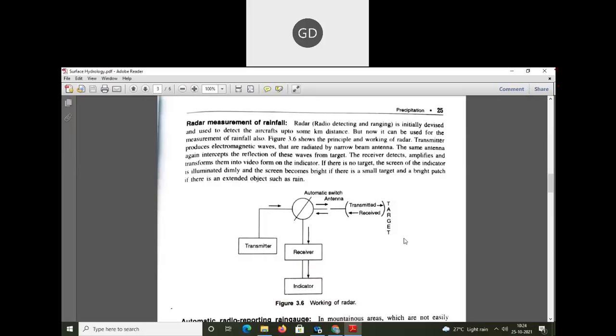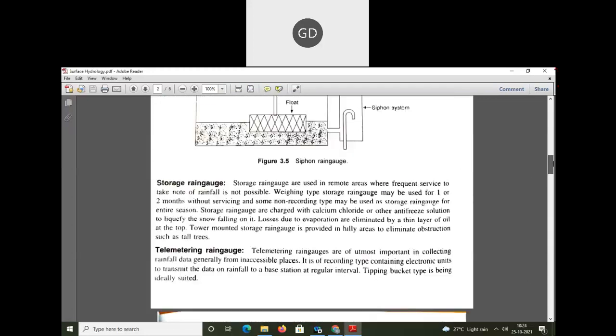Let me share my screen. Last class you have written up to the telemetering rain gauge, that is, the storage rain gauge and the telemetering rain gauge.